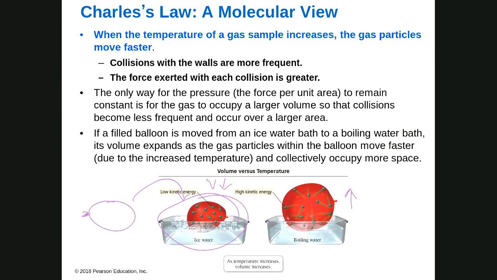So if you're interested and you have a balloon, you can blow it up, not tight, where you've got some room one way or the other. Put it in the freezer, you'll see it get little. Put it in a really hot water bath on the stove, and you'll see it get bigger. And so that is Charles' law, because as you increase the temperature, you increase the volume. As you decrease the temperature, you decrease the volume.